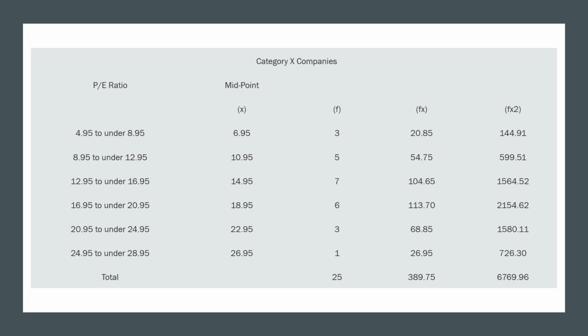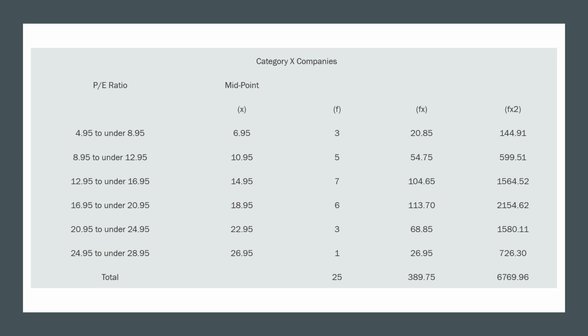Fx square column's values are calculated by multiplying each value of fx with the corresponding value of x in that class. For example, the first value of 144.91 is calculated by multiplying 6.95 with 20.85.